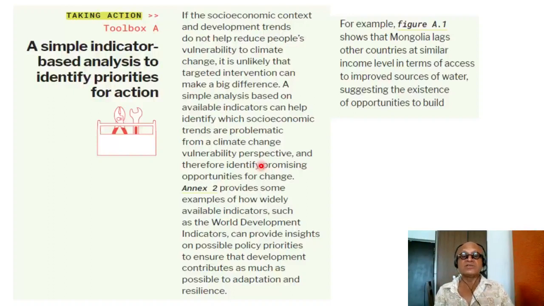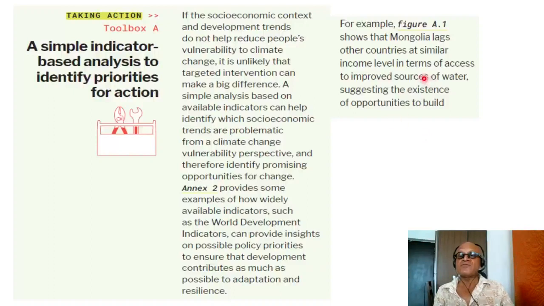So these things really help to take actions to reduce vulnerability. Annex 2 provides some examples of how widely available indicators such as the World Development Indicators can provide insights on possible policy priorities to ensure that development contributes as much as possible to adaptation and resilience.